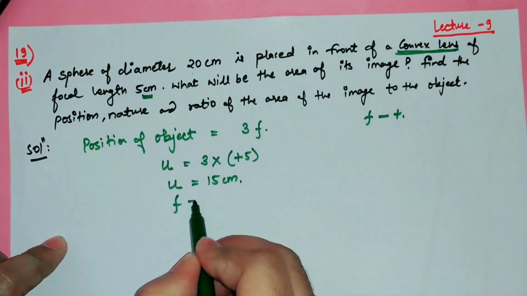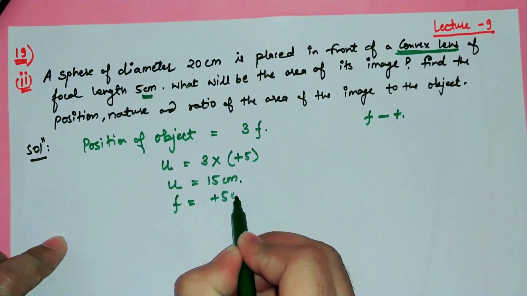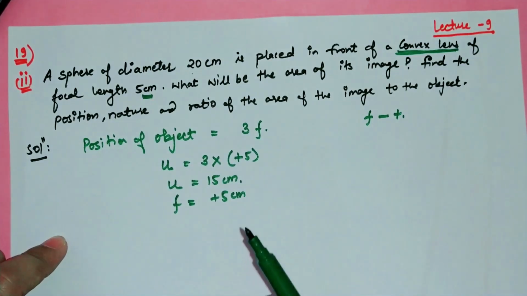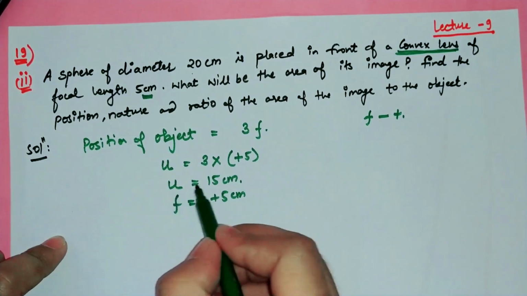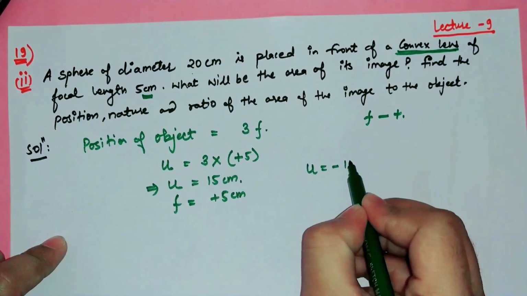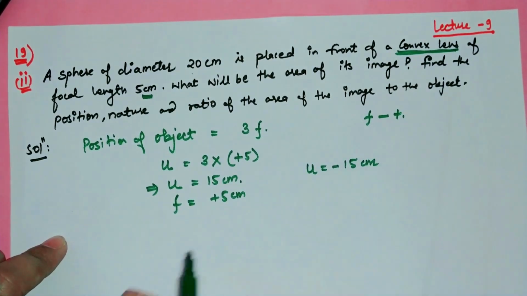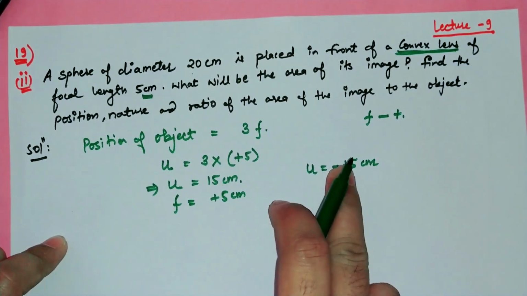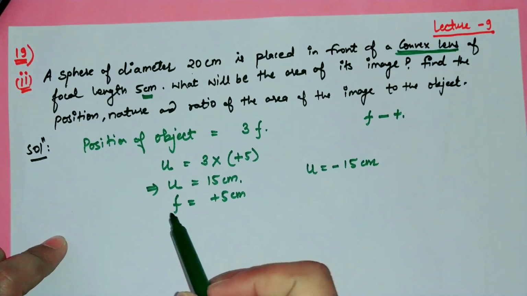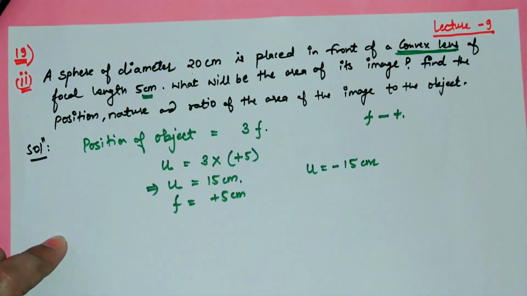f is equal to plus 5 cm and u is always negative. Whenever we solve a question, we take u as negative. So u is negative 15 cm. Why is it negative? Due to sign convention. Focal length is plus 5 cm.